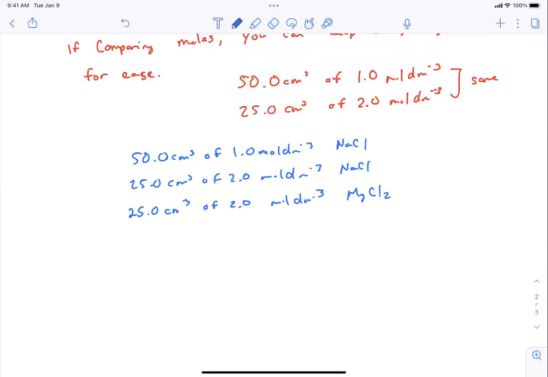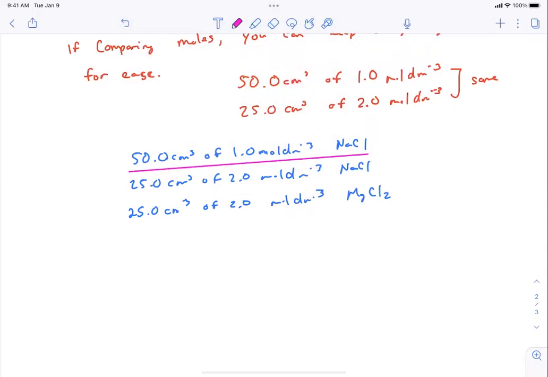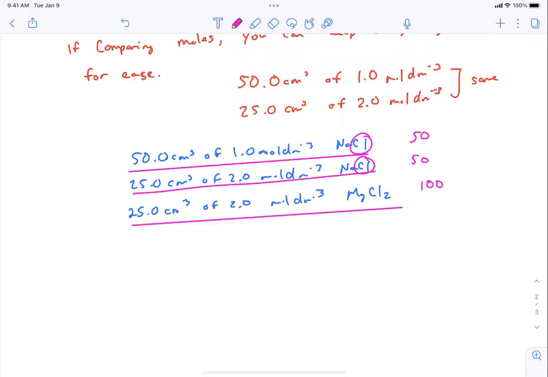And I asked you, which of the following has the highest moles of Cl minus ions? Well, for this first one, I would just multiply these across and say my answer here is 50. My answer here is 50 as well. But my answer here is actually 100 because there's two Cl for this. And so even though I'm not actually calculating the moles, I'm still calculating a number that's comparable.